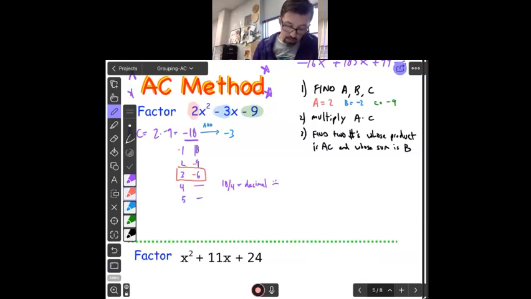So what do I do with those numbers now that I have them? We're going to rewrite the problem with those numbers in the middle.